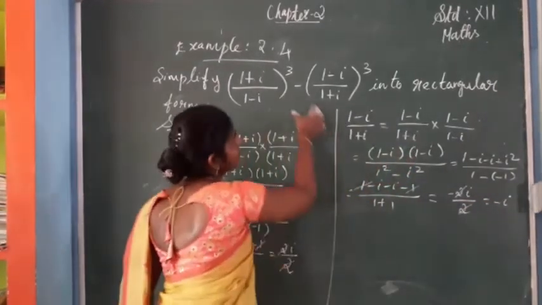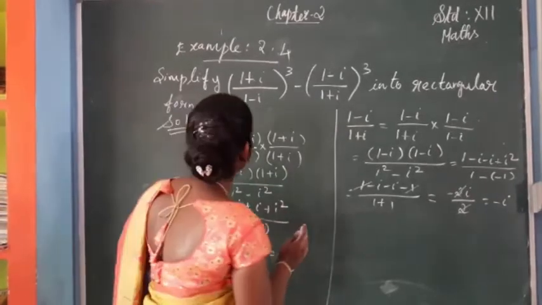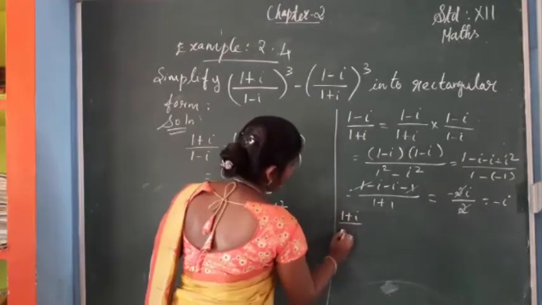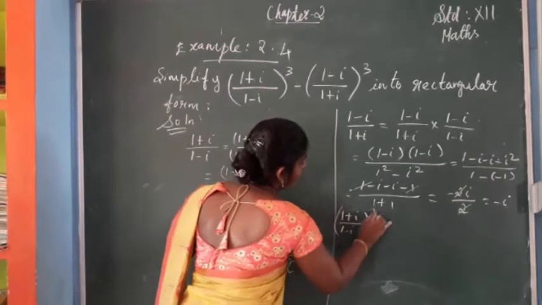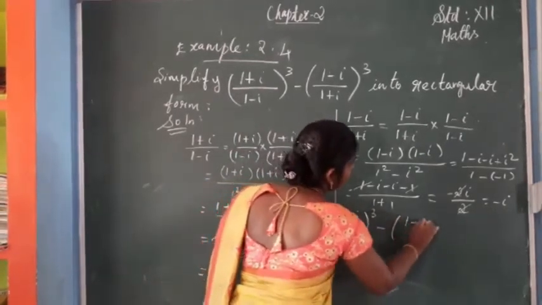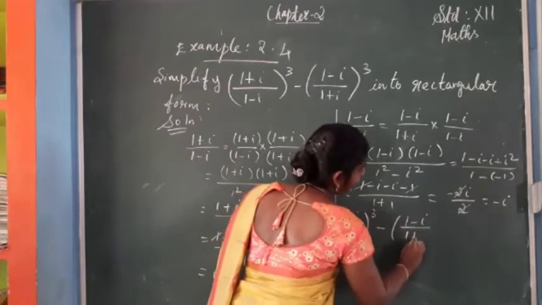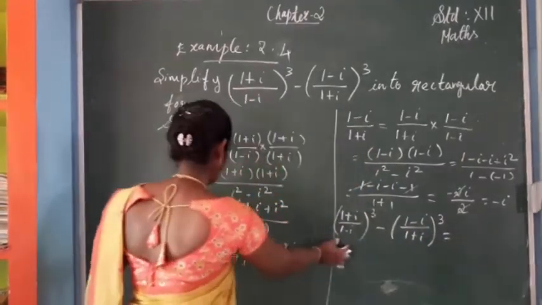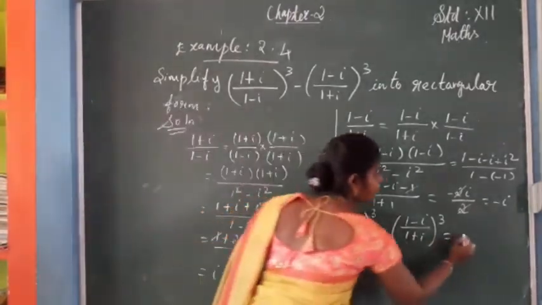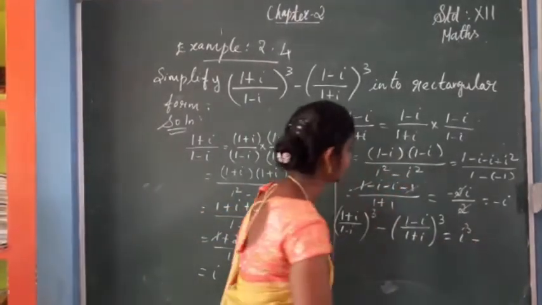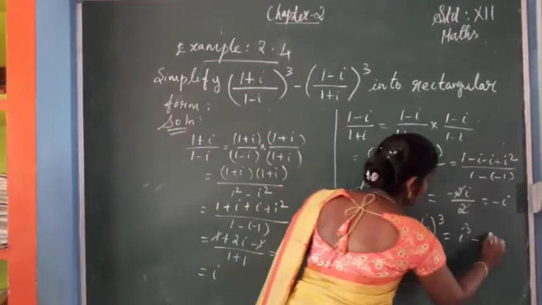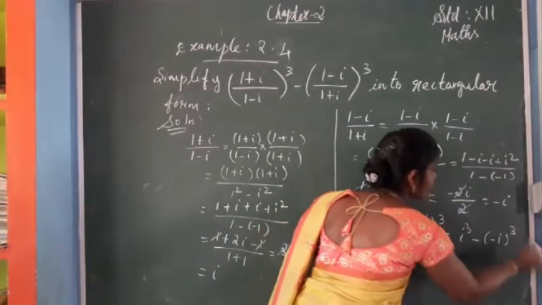So now we can substitute the values. (1 + i)/(1 - i) the whole cube minus (1 - i)/(1 + i) the whole cube is equal to i cube minus, for this term the value is minus i, so minus i the whole cube.